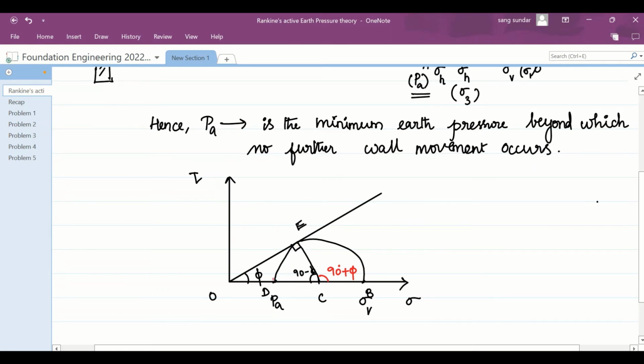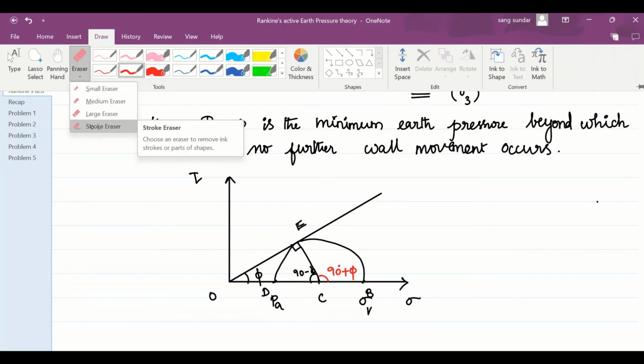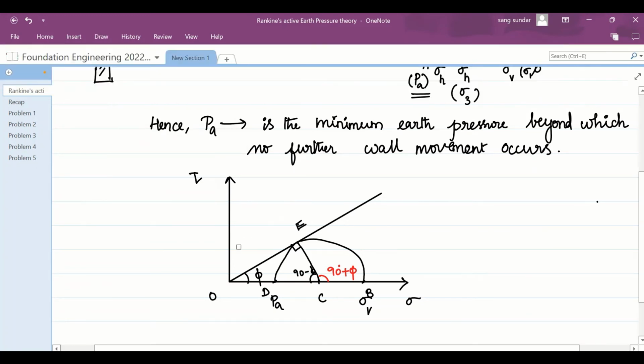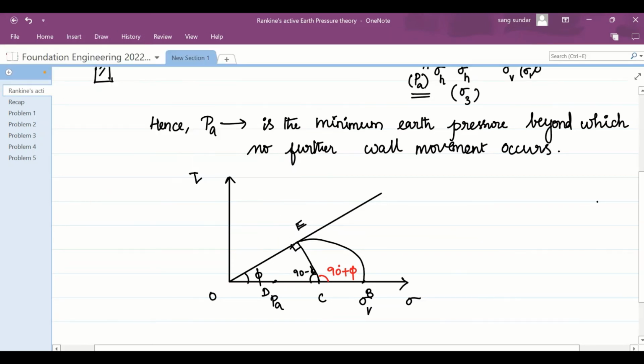And if you join, let me draw the circle perfectly. It's not that perfect. Let's see.